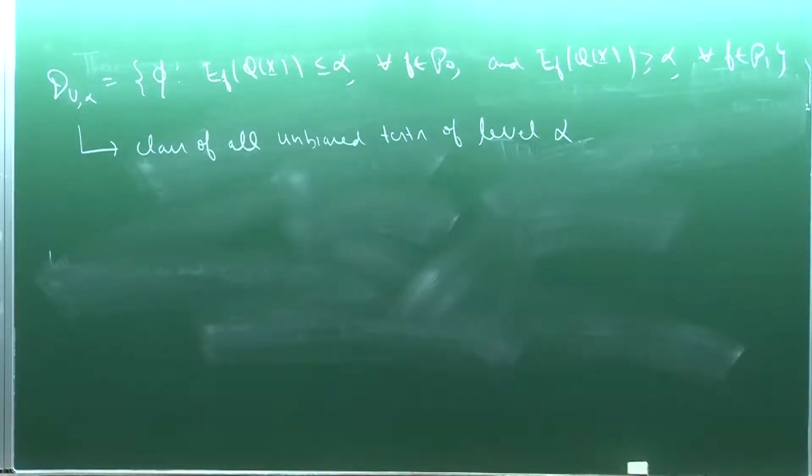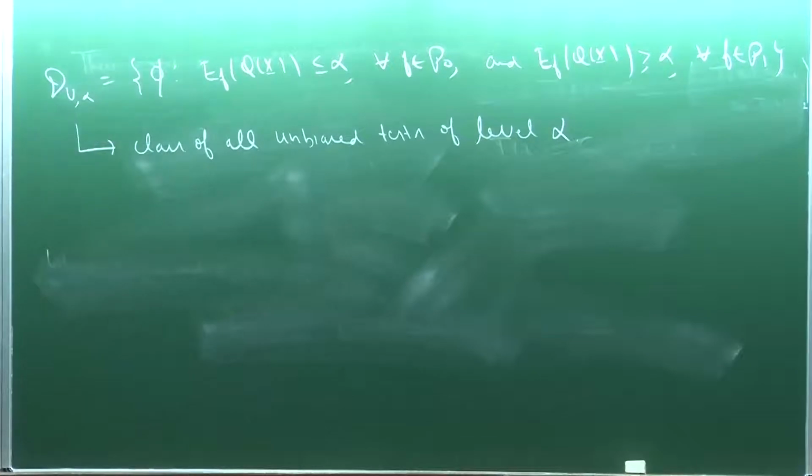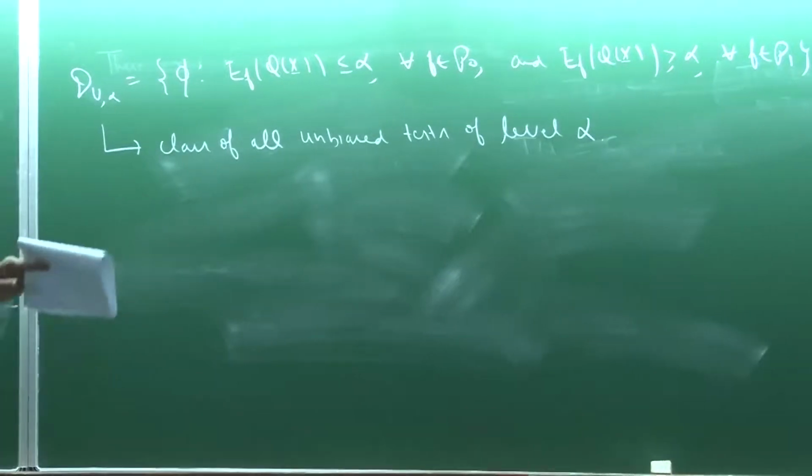So what we'll do is try to find the best test in this class. A best test means the one for which the probability of type 2 error is minimum, or the power is maximum.